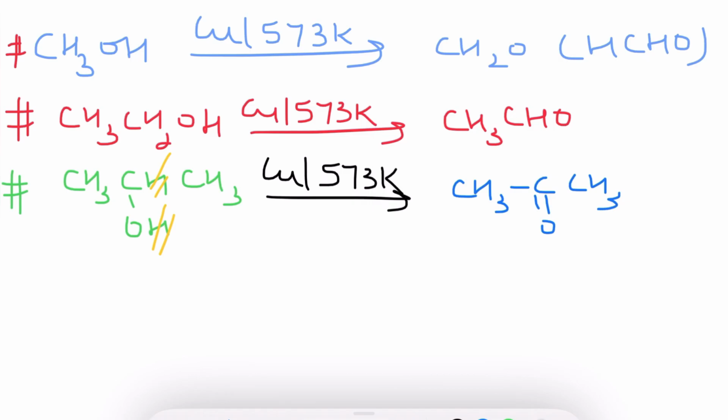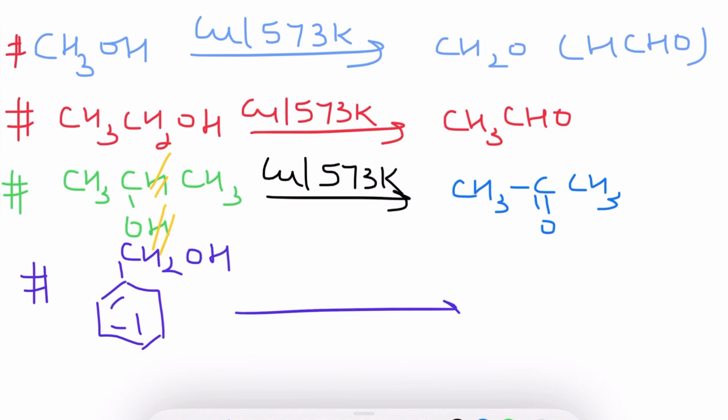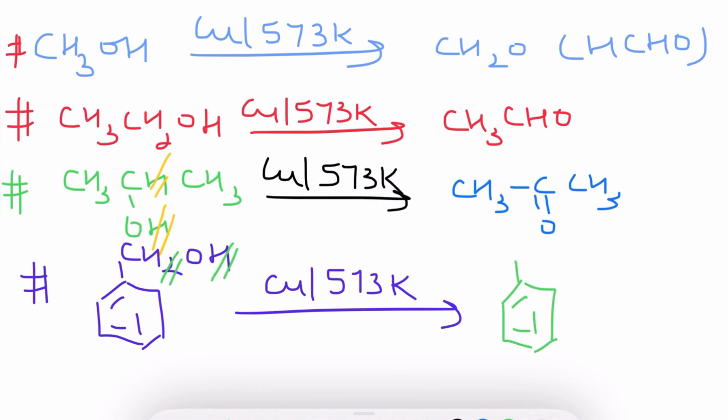Let's take one more example for better understanding. Benzyl alcohol, CH2OH. This benzyl alcohol on dehydrogenation in the presence of copper at 573 Kelvin results in loss of hydrogen, and the leftover part is CHO over a benzene ring, that is benzaldehyde.